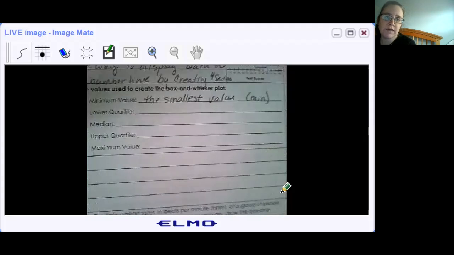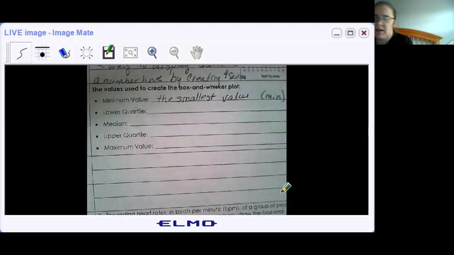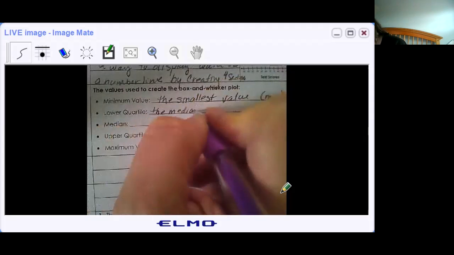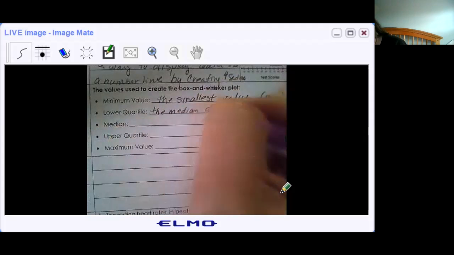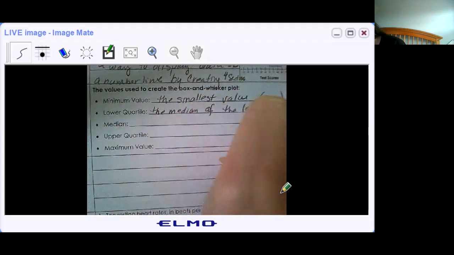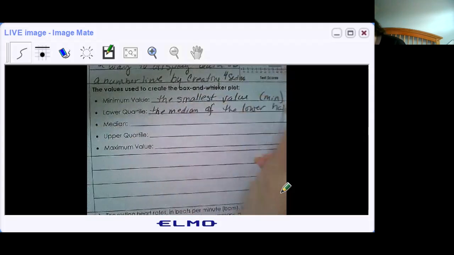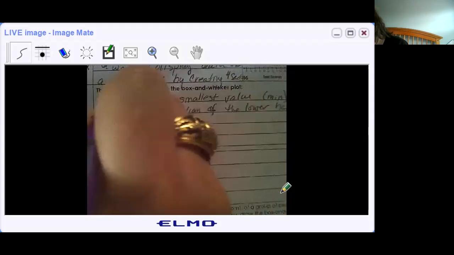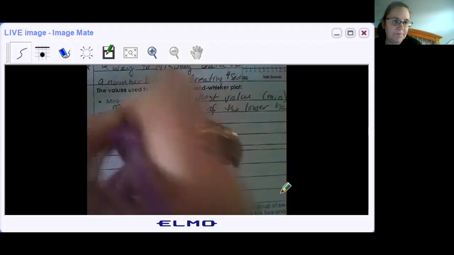The lower quartile is the median of the lower half. And we call the lower quartile most of the time Q1, okay?